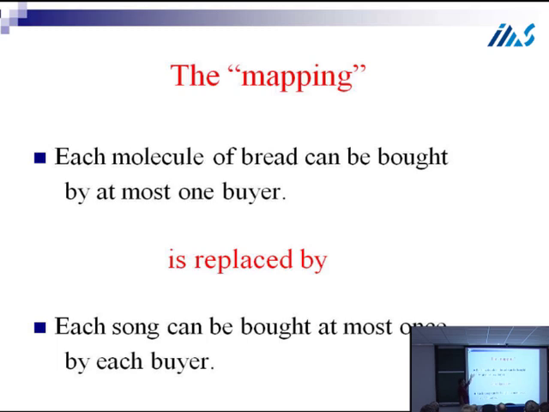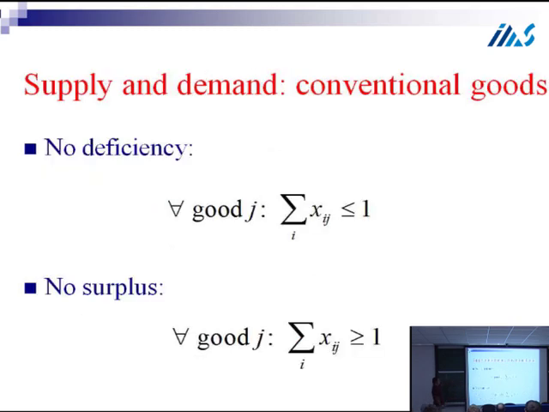In the usual model, each molecule of bread can be bought by at most 1 buyer, and equilibrium says that every molecule should be sold off. Here, each song can be bought at most once by each buyer, because you can make any number of copies, and of course nobody wants 2 copies of the same song. So let me use this mapping to tell you what the definition of supply and demand will be.